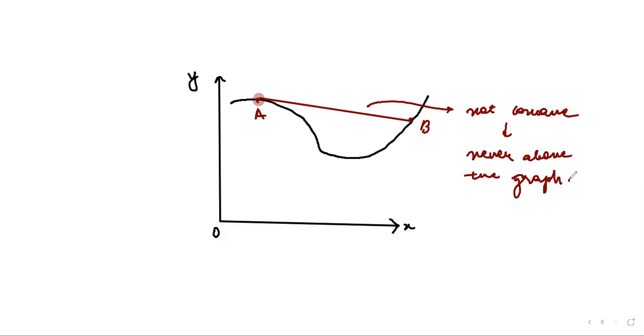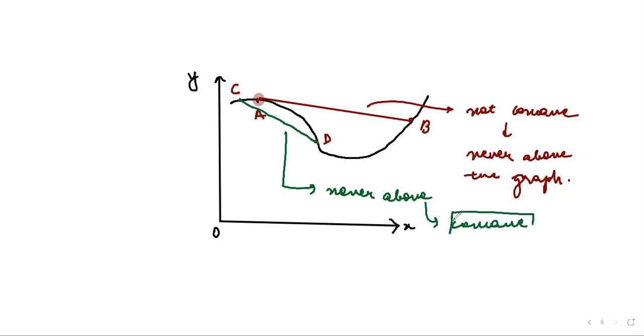But somebody may say that, I'm going to take point C and point D, and I'm going to go ahead and join these 2 points. And this line right here is never above the graph. Somebody may say that this is actually concave, and I proved that this is concave.